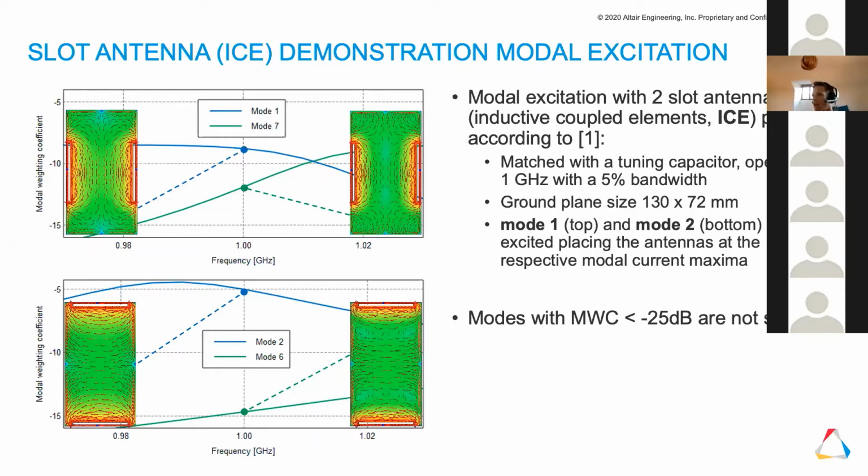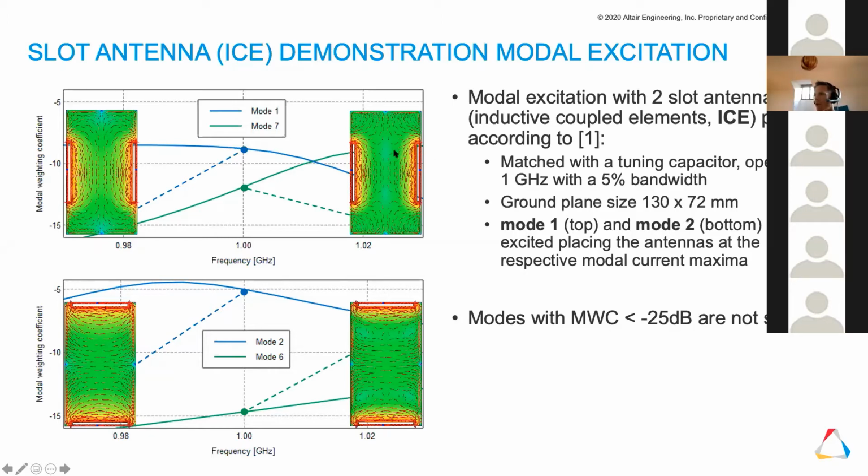There are two or three things you'll notice here. Firstly, as the strategy suggests, we are able to excite the mode that we intend to excite following this approach. We do, however, also in both cases excite an unintentional mode. In this case it's mode 7, and in the lower case, mode 6.